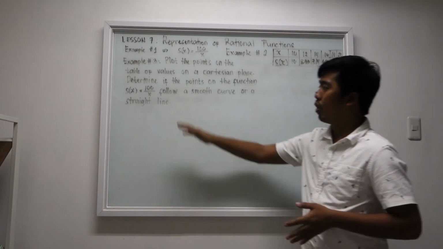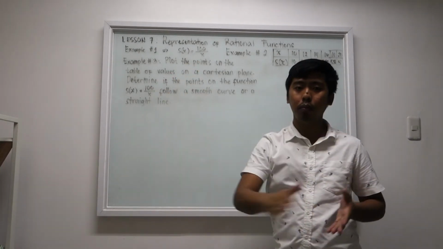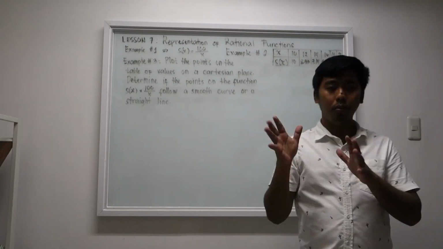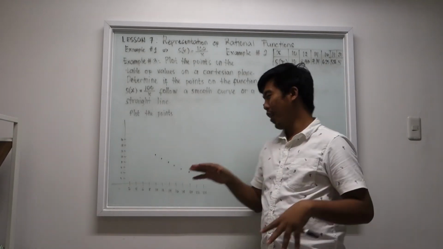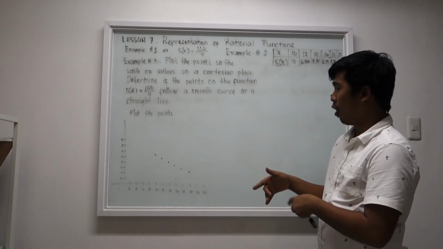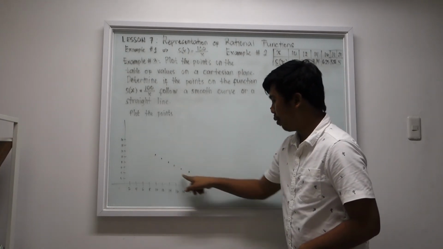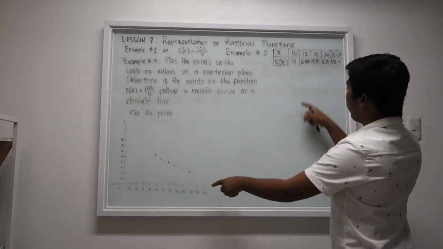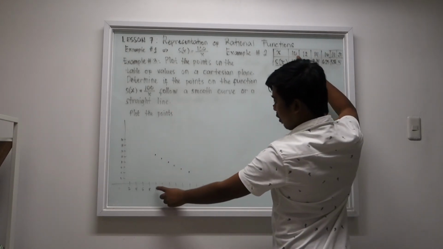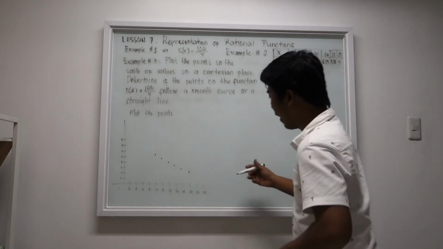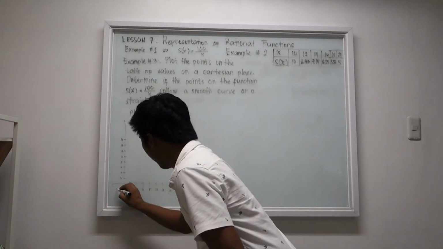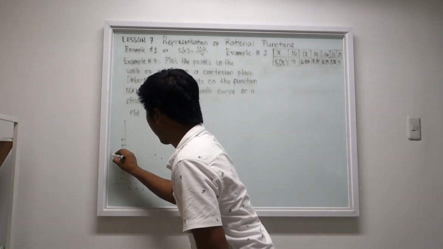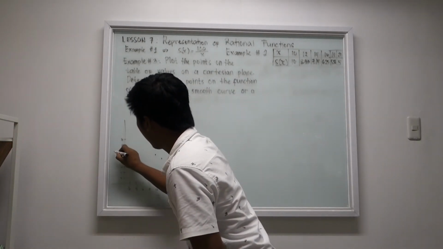So, for example number 3, we're going to plot the points. We need to draw a Cartesian plane, then plot the points. Alright, so we have our sketch here, our graph, and these are the points. This is the x, and this is s of x.